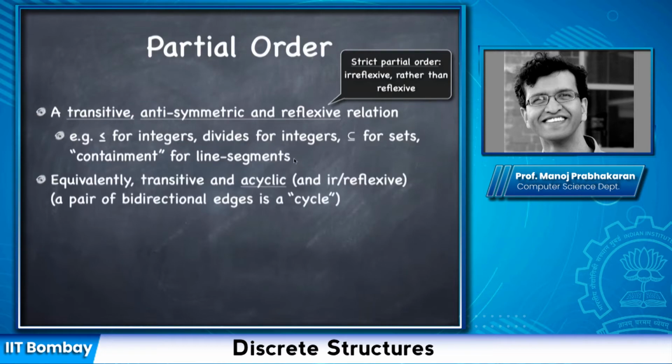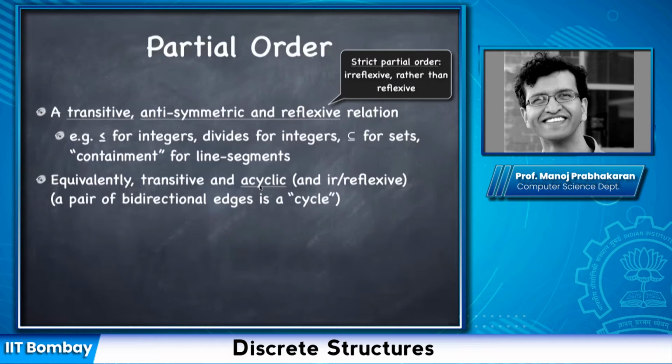Okay, and from what we just now talked about, the acyclic property could be used as a substitute for the antisymmetric property. So we saw that if it is a partial order, it is acyclic, and the converse also holds. If you have a transitive and reflexive relation which is acyclic, then it also has to be antisymmetric, because if it is not antisymmetric, then you have a bidirectional edge, and the bidirectional edge corresponds to a cycle.